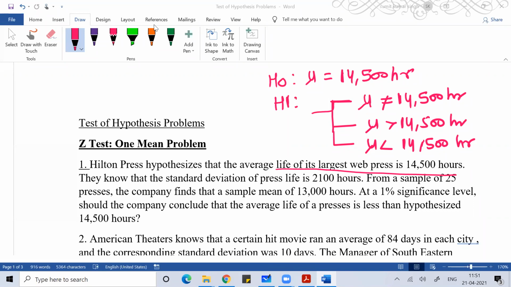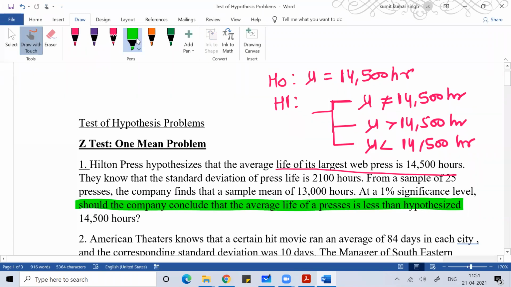In the alternative hypothesis, whenever you do research, your research can be done with different objectives. If you see the question, it will end with something. So you need to read the last line very carefully, what the question is ending with.